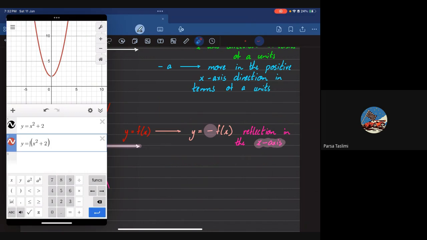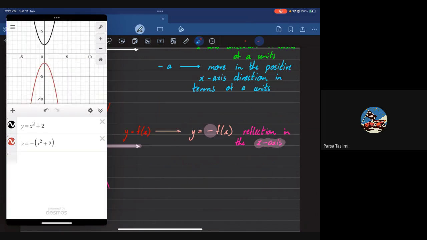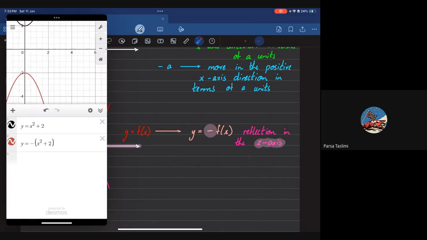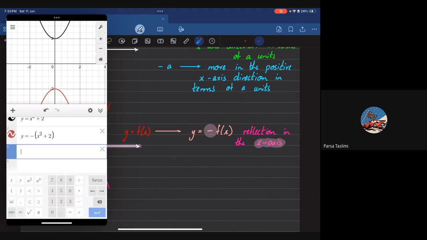But put a minus sign there. Look at the difference. The red graph is a complete reflection of the original graph, because a negative sign is multiplying with the entire equation. When that happens with the entire equation, then you're going to have reflection in the x-axis.